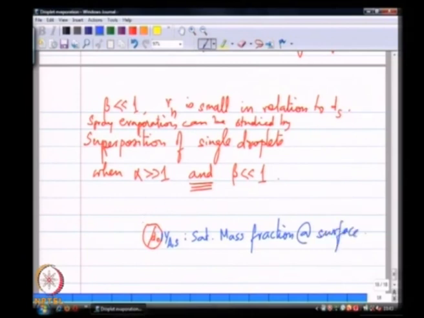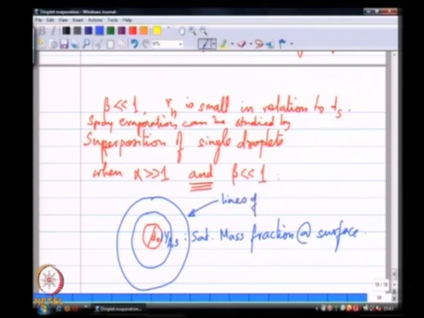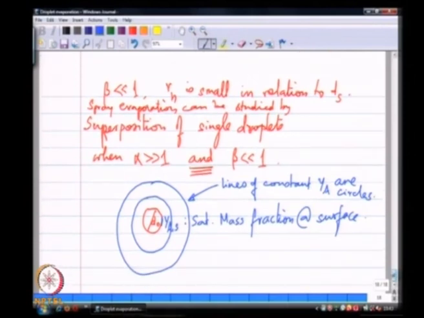Lines of constant Ya will now look like circles around a single droplet. These are essentially coming from the fact that Ya is only a function of the radial distance and not anything else.